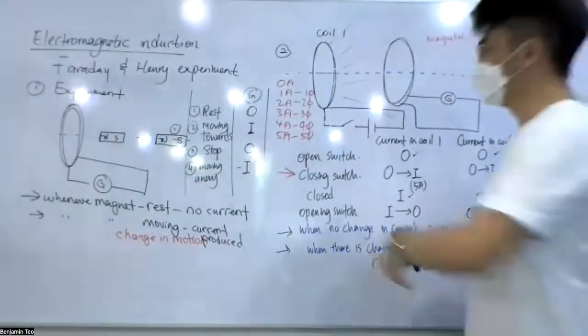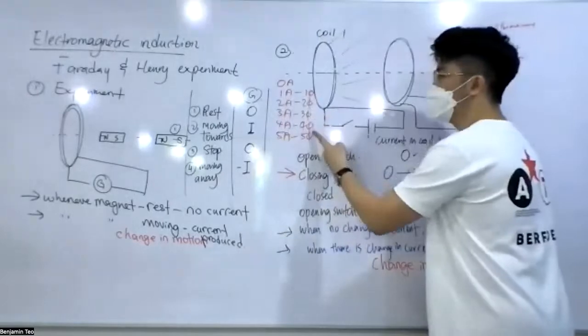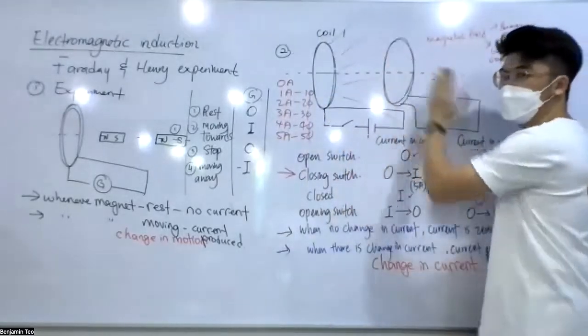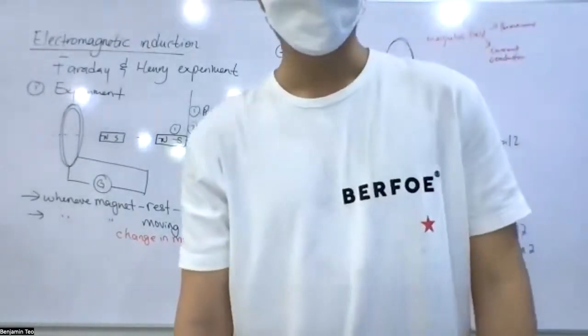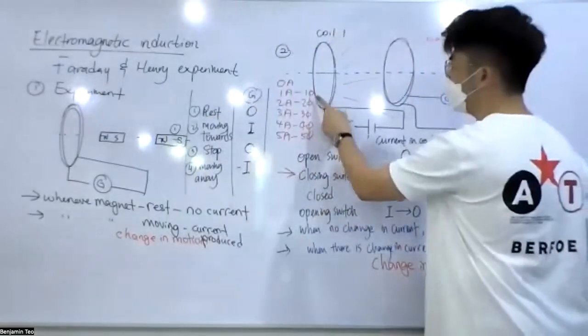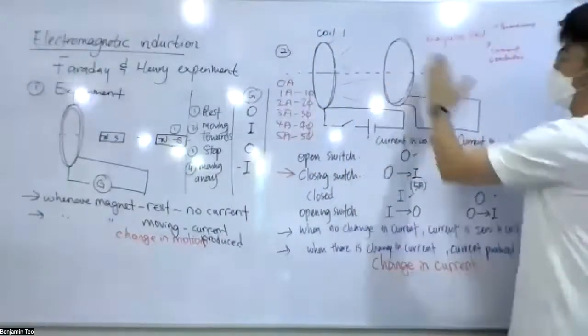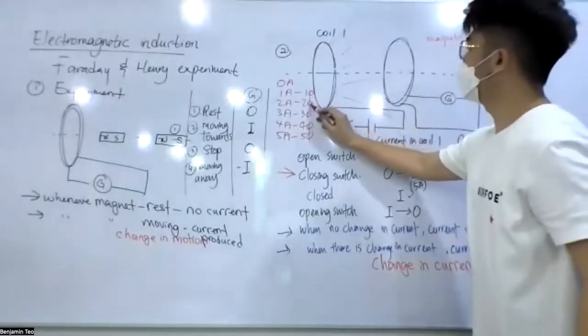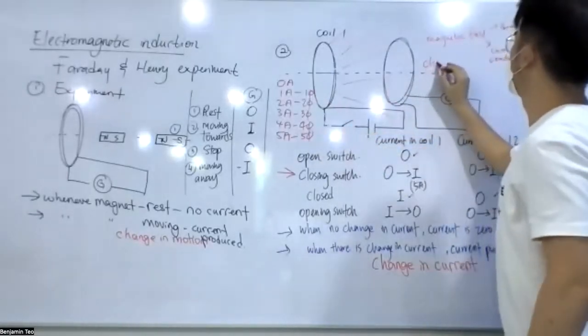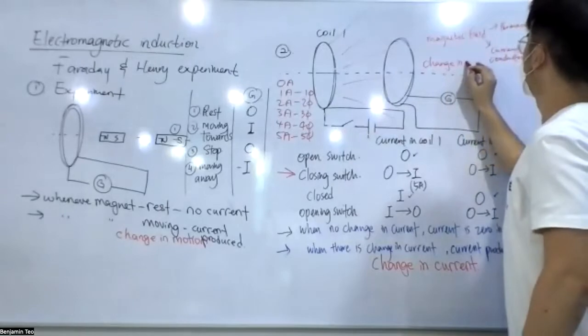So increasing current, the flux linked to this one increases. When there is an increase in the flux to this one, we say what? There is a change in flux.